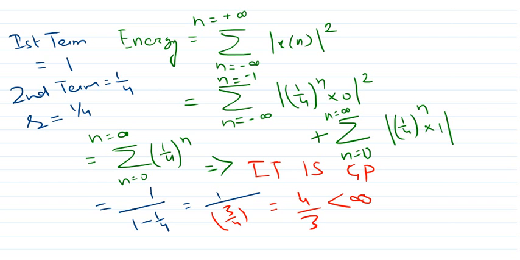I did a mistake here. Sorry, there is a mistake here because we haven't squared this. It is basically 2n, so it is basically 16. Sorry for that, I missed that point.